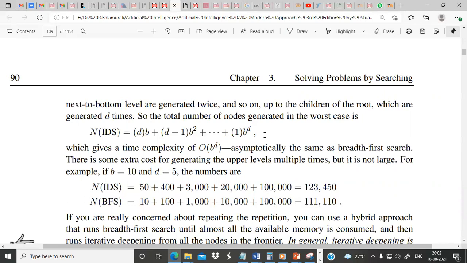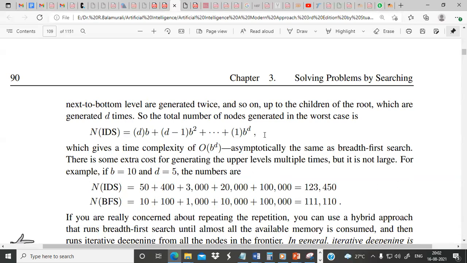The number of nodes the IDS will be generating can be calculated like this: d into b, plus (d minus 1) into b square, plus (d minus 2) into b cube, plus (d minus 3) into b to the power 4, so on and so forth, until the coefficient becomes 1. When it becomes 1, it will be b to the power d.